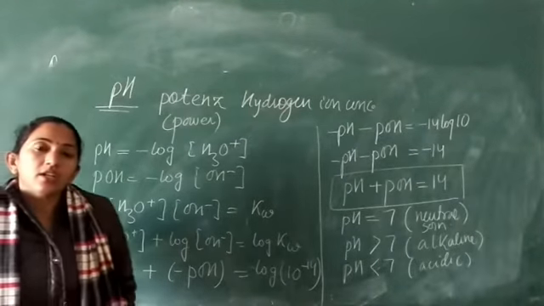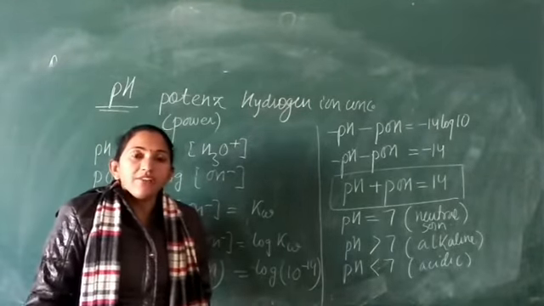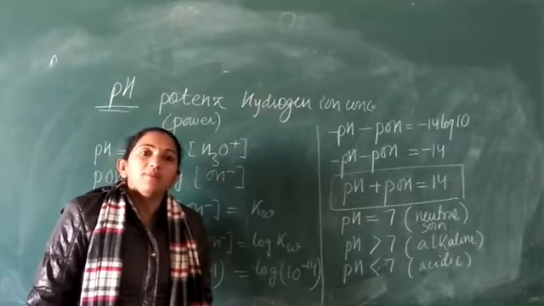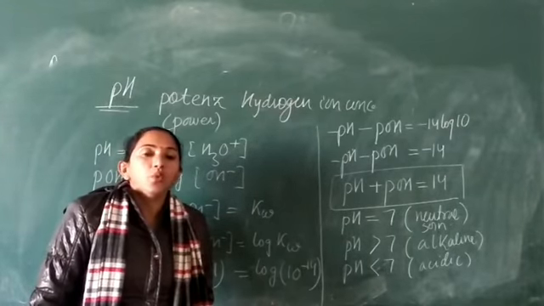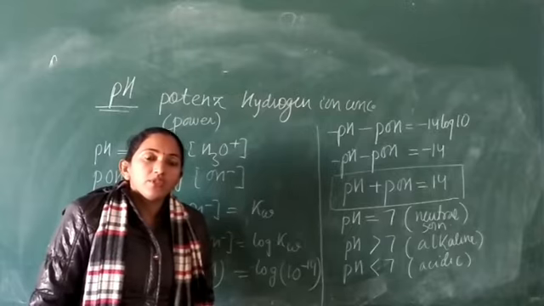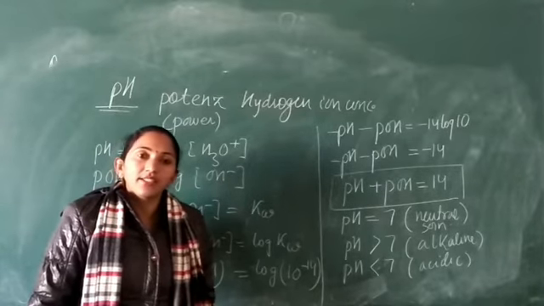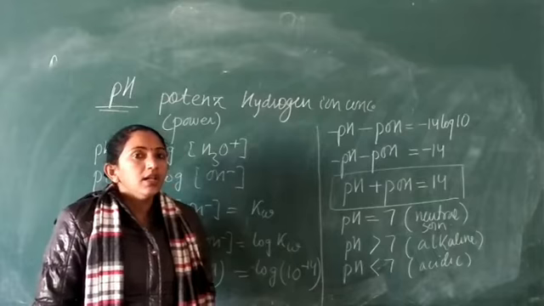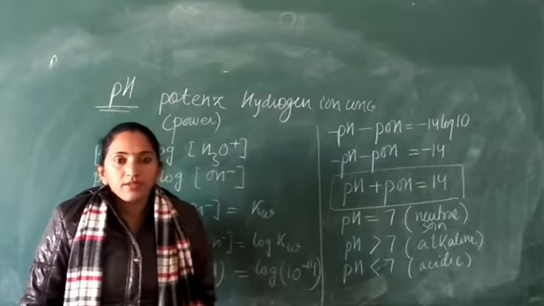So if a solution has a lower pH, student, it will be an acidic solution. If it is equal to 7, it will be a neutral solution, and if it is greater than 7, student, it will be a basic or the alkaline solution, right?